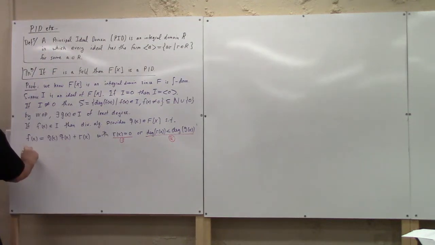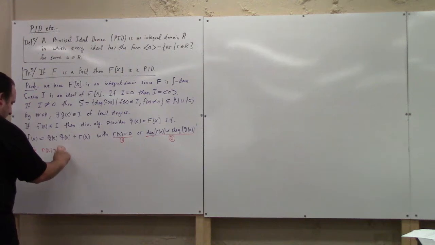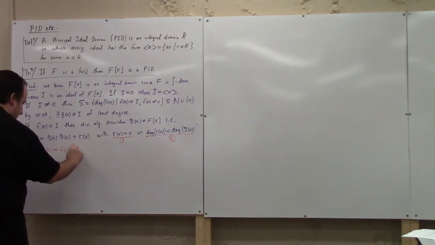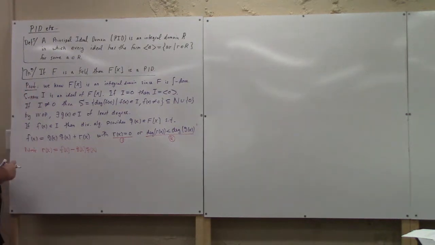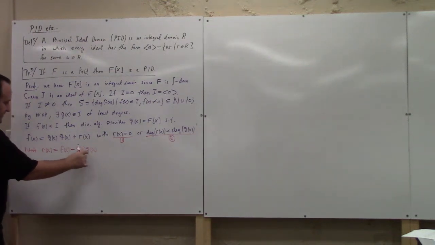Note, r(x) is f(x) minus g(x) q(x). f(x) is in the ideal, and g(x) is in the ideal. Therefore, g(x) times q(x) is in the ideal. So we're looking at the difference of ideal elements.